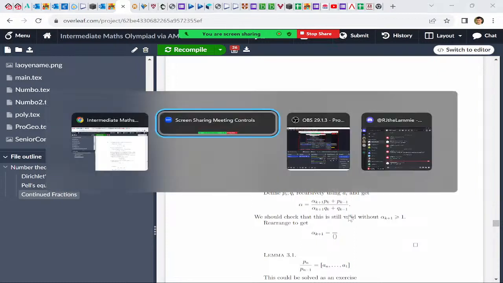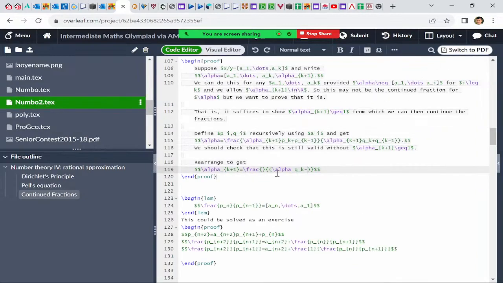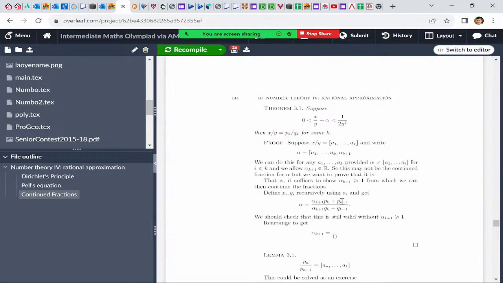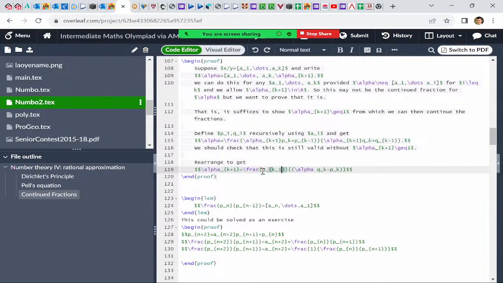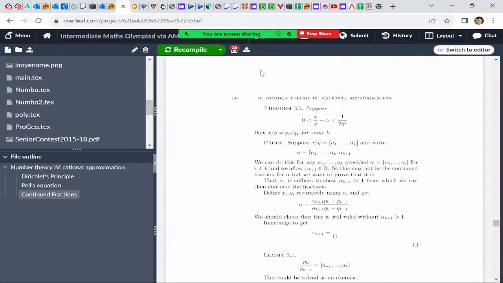Oh, it's just alpha q_k minus p_k. And the top should be p_k minus 1 minus alpha q_k minus 1. Okay, so that gets you this.